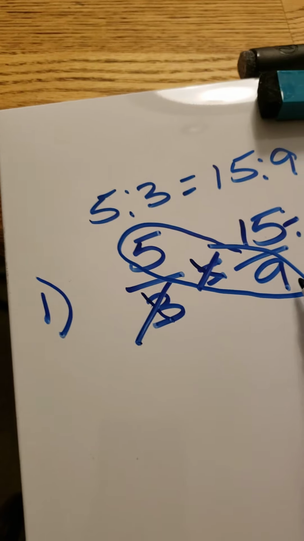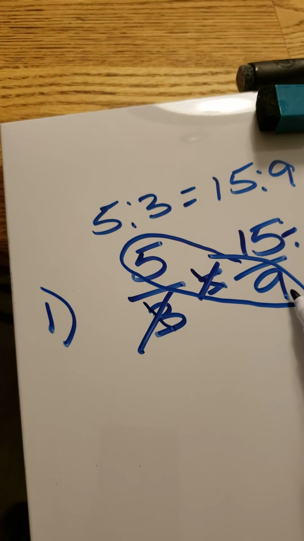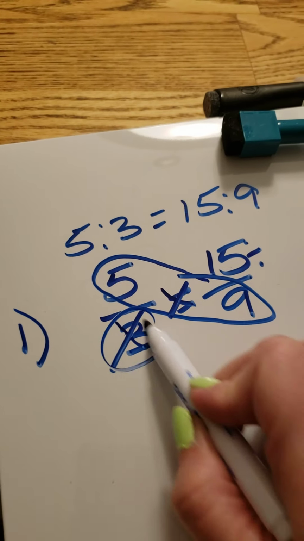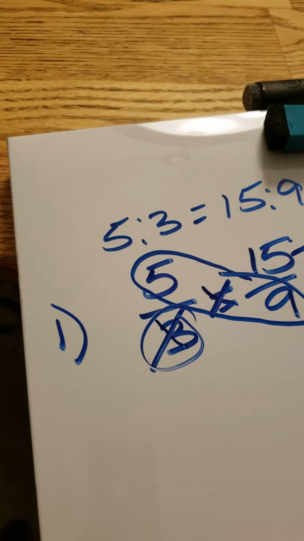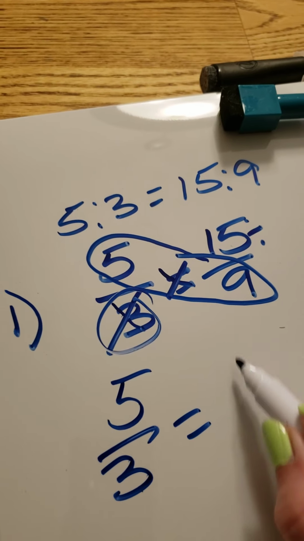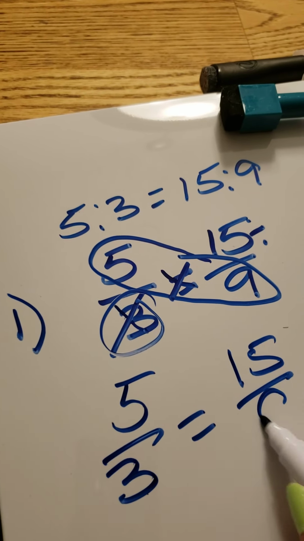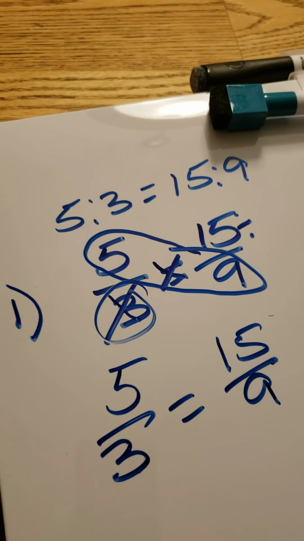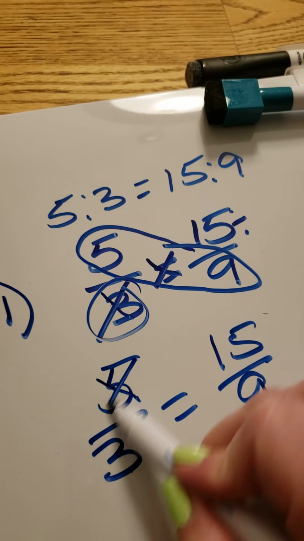So 5 times 9 is 45, divided by 15 gives me 3. But I'm going to set this up again. Now I'm going to hide the 5.